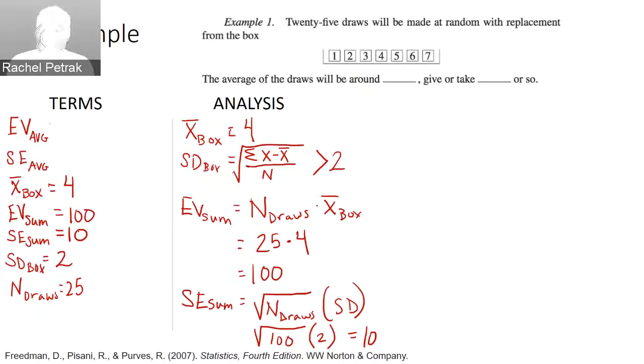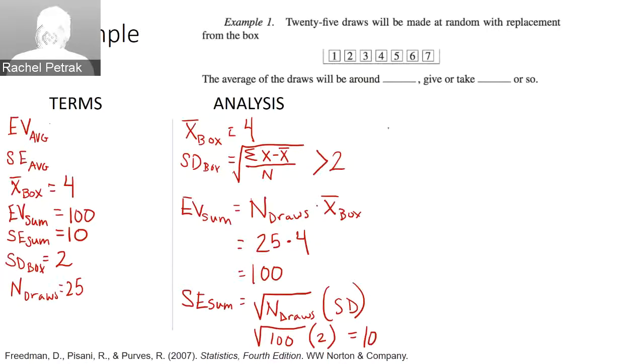Wow, look at us making our way through this problem so efficiently. This is all very familiar, right? And we know that the sum of the box for these 25 draws will be about 100, give or take 10 or so.